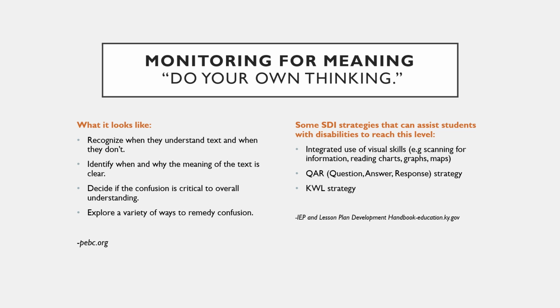So some ways that we can help them would be the integrated use of visual cues, scanning for that information, reading charts, the graphs, the bold print, and any little footnotes on the side. Also, the QAR and the KWL strategy is good for this one.